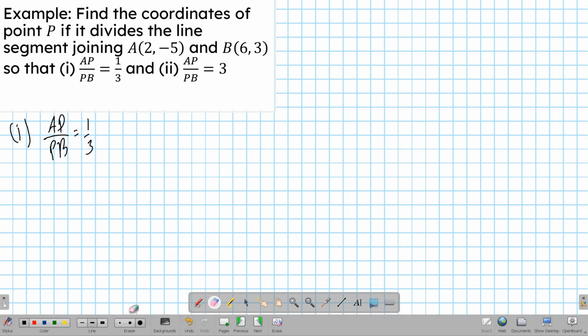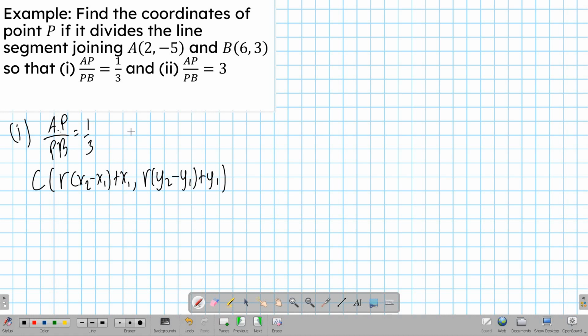Since it's analytic geometry, if you would like to draw, you may do so. It's also fine not to; I'm not going to draw here. Now, let's just recall our formula. The formula for the point divisor C is R times x sub 2 minus x sub 1 plus x sub 1, comma, R times y sub 2 minus y sub 1 plus y sub 1.